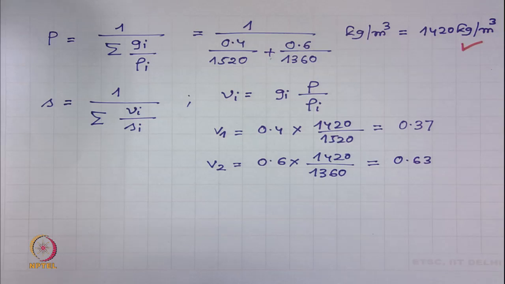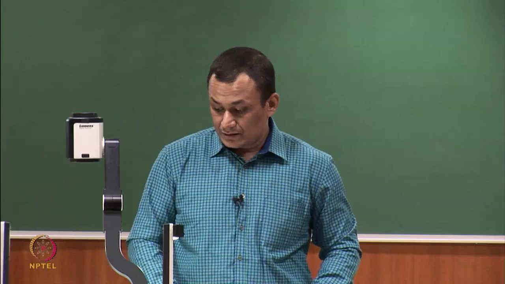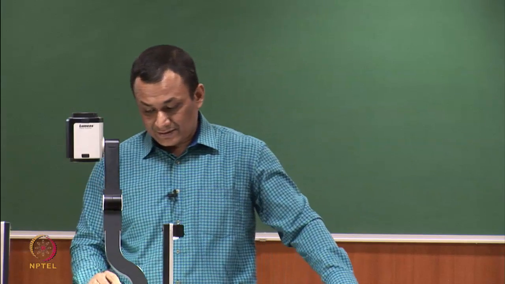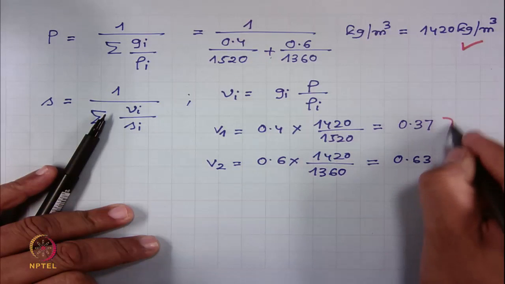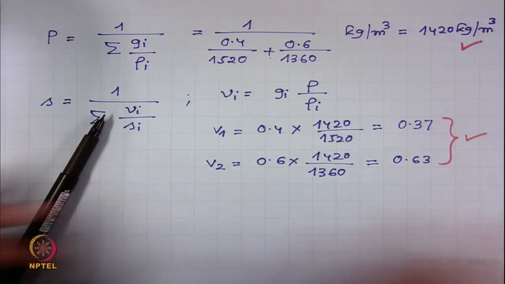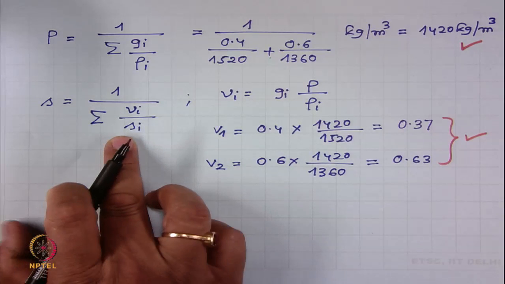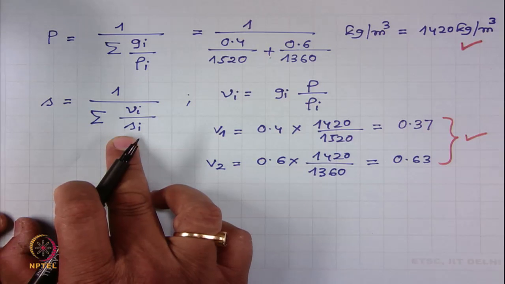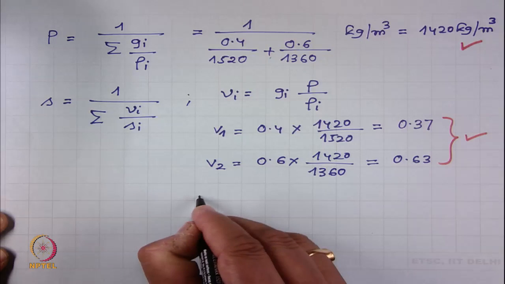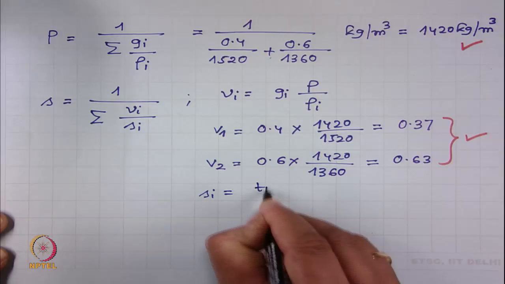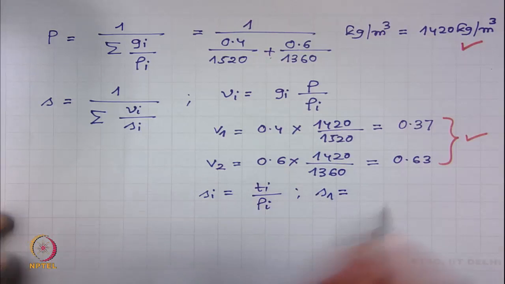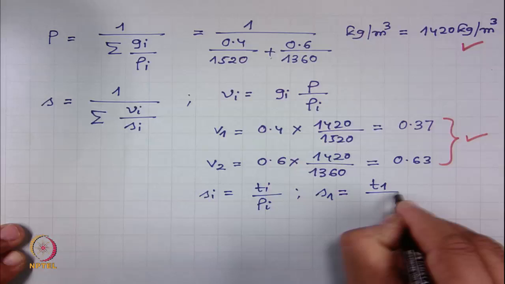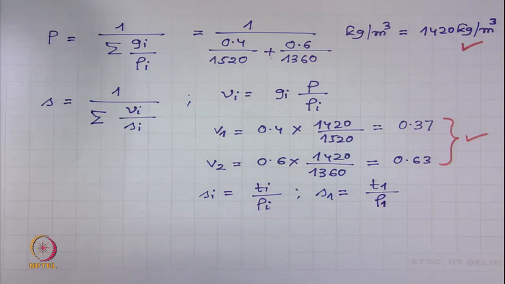So, we have already calculated this volume fraction, right. We need to calculate now S subscript i. What is S subscript i? S subscript i is Ti by rho i. So, what is S1? S1 is T1 by rho 1.